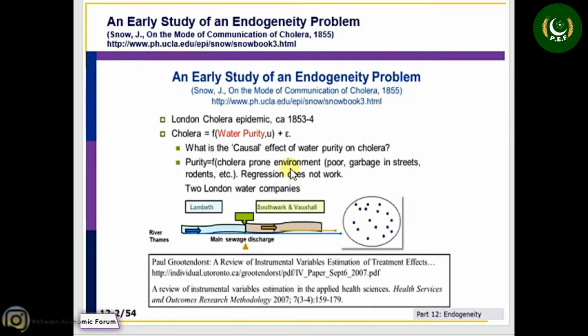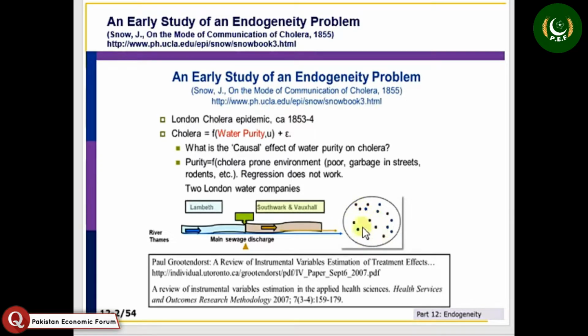What did Snow do? Snow took two water companies providing water to London city from the Thames River. Lambeth was located at the upper part of the Thames River, taking clean water, whereas Southwark was taking water from the part where you have sewage and all other garbage going on. Since water is the main culprit for cholera, he took a large sample of about 300,000 households.